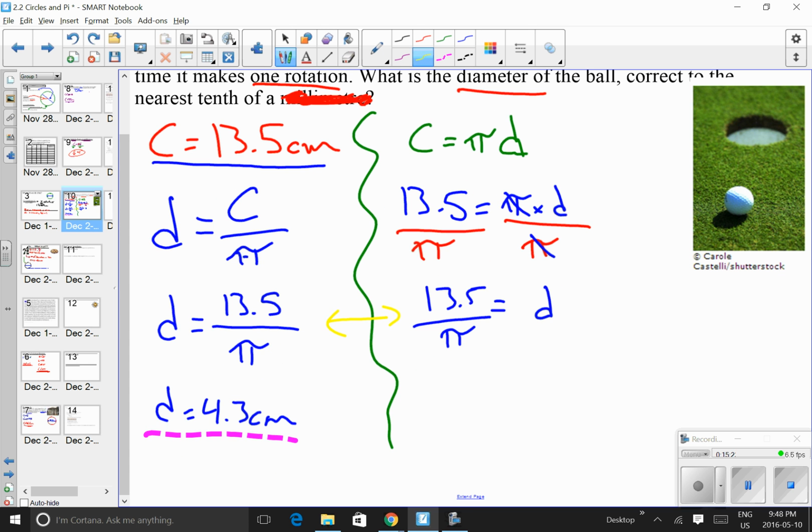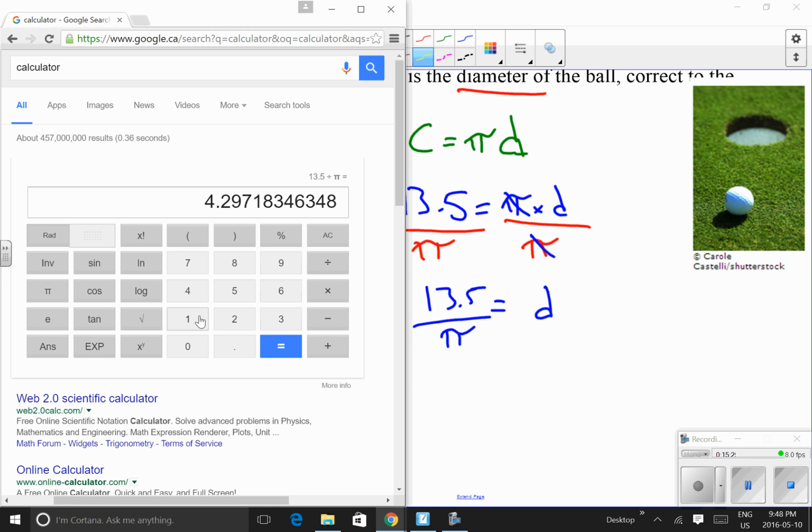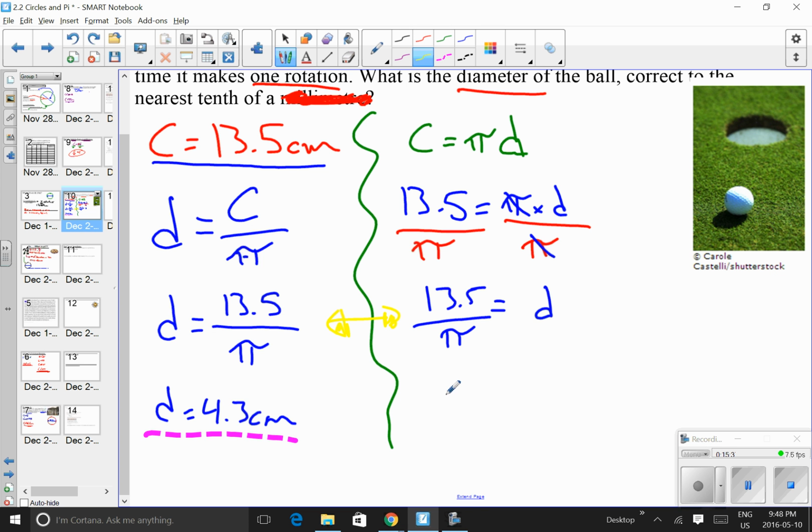Different ways came to the same thing. So I bet you they'll come to the same answer. You don't believe me? Check on your calculator. 13.5 divided by pi. Exact same thing we did last time. We're going to get the same answer. 4.3 centimeters. Alright, D equals 4.3 centimeters.